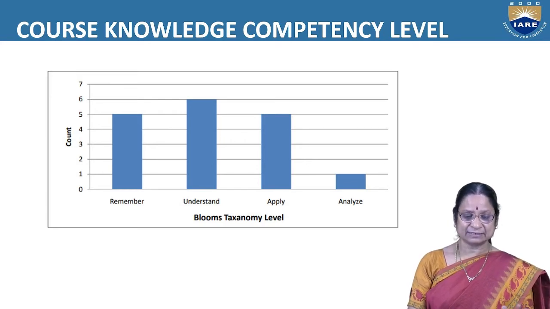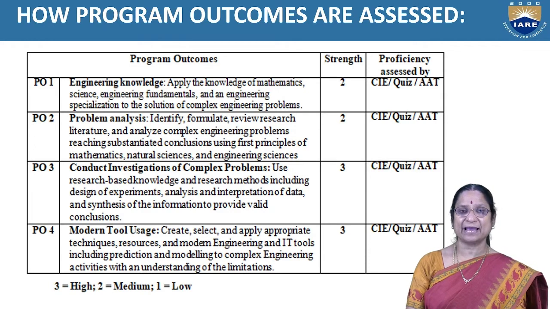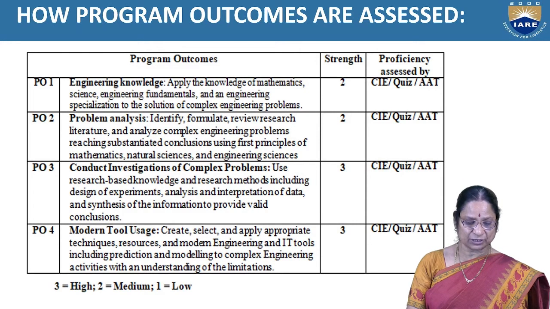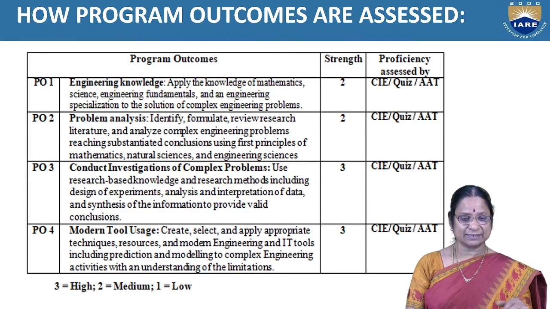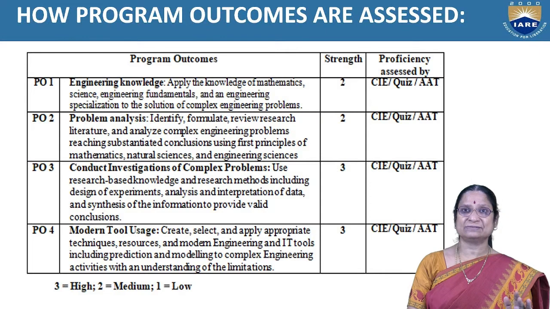So the course knowledge competency levels are remember, understand, apply, analyze. Whatever they learn and understand is going to be applied. How are these mappings going to be done? What is the strength? How are program outcomes going to be assessed? These are the 4 outcomes considered by us which are relevant to our course, database management system.